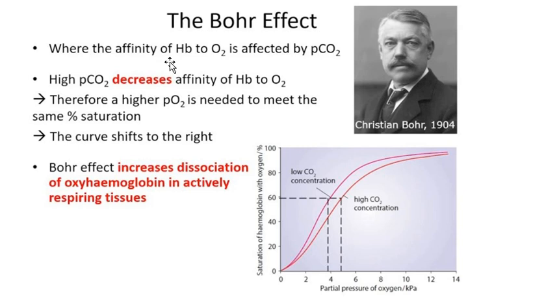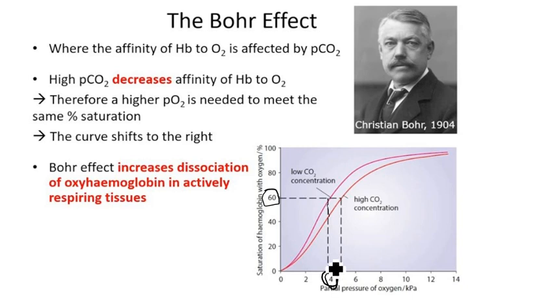Now look at the curve again. Look at the first one, where you have low CO2 concentration. We decided to use the one at 60, that is, when there is 60% saturation of hemoglobin with oxygen. Because there is low carbon dioxide, when you trace the line and take it down, you can see it's at 4.